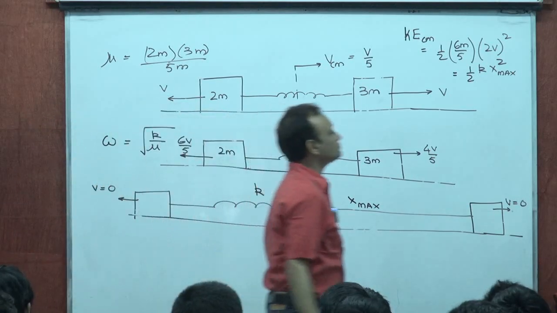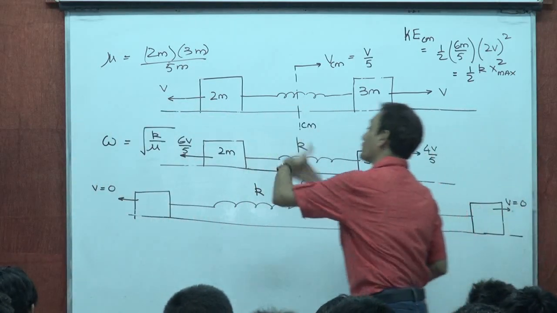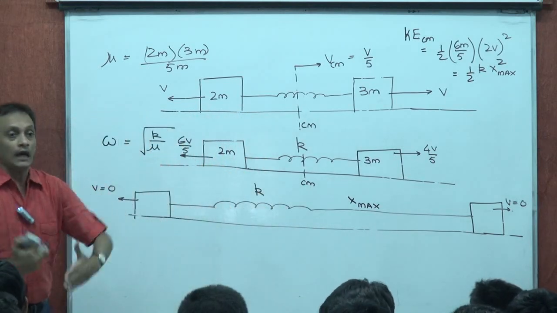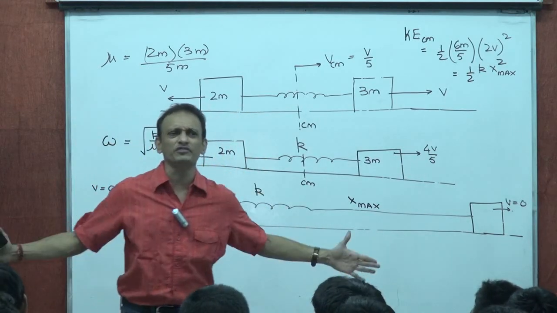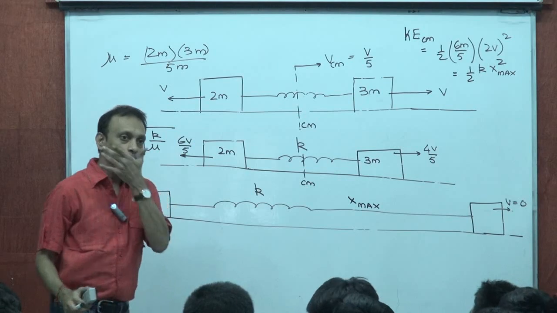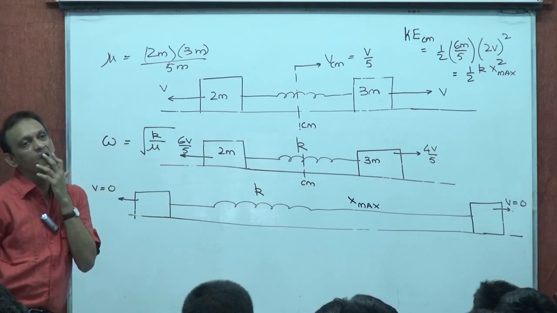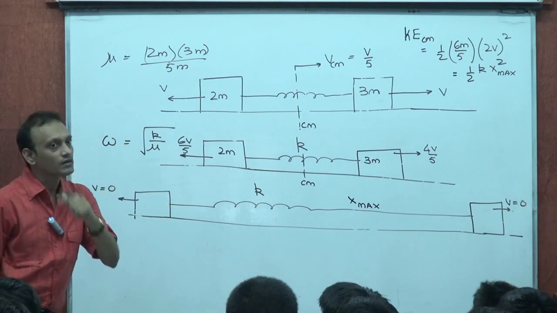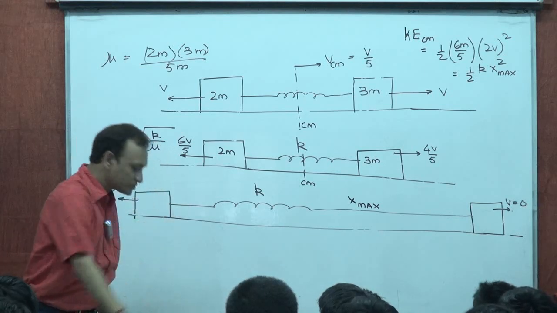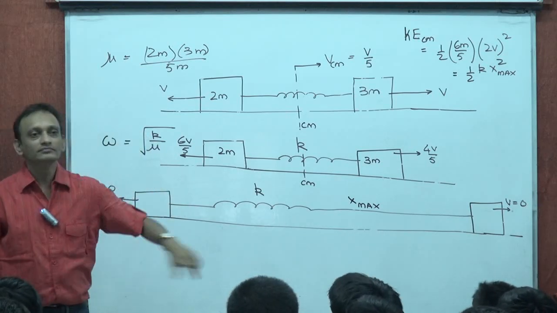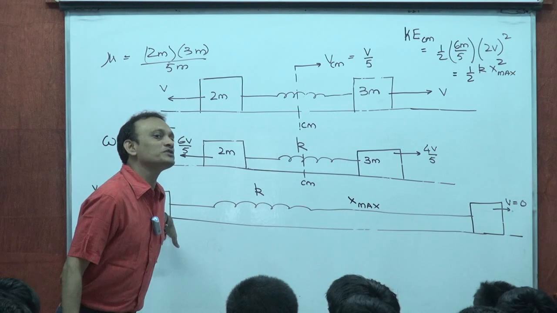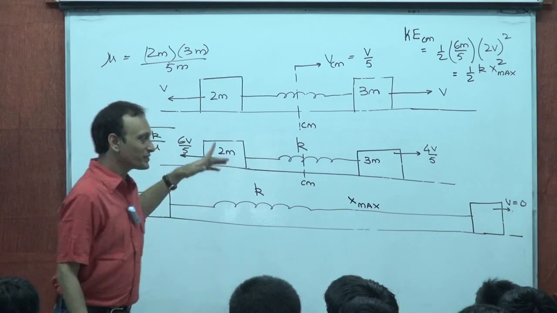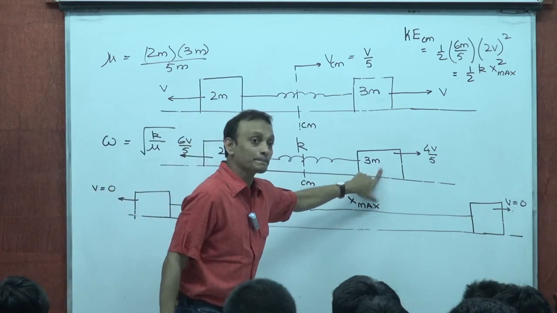Now, after this, what happens? After this, again, analyzing everything in the... yes, please. Yes, sit down. This will give me the displacement in the center of mass frame. For example, this particle, right?